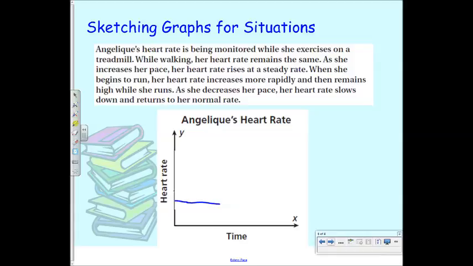What happened next? So she increases her pace, so her heart rate rises. Okay, and then what happens? Then she starts to run, and so her heart rate goes really fast up. Do you want to adjust anything about that?